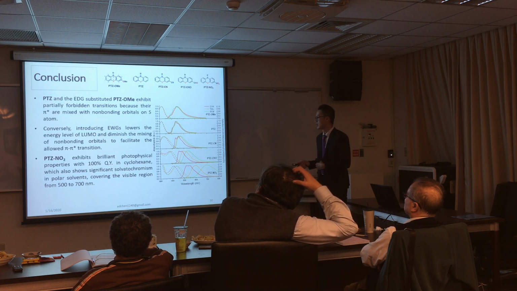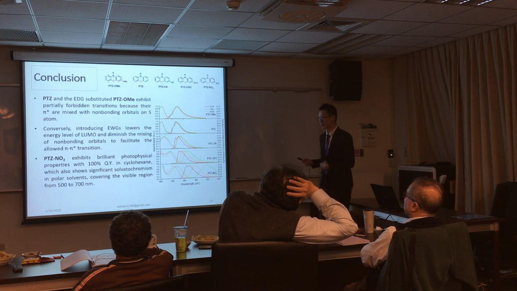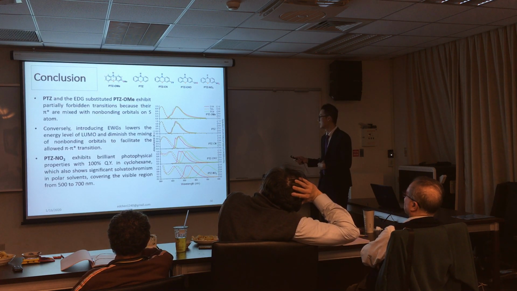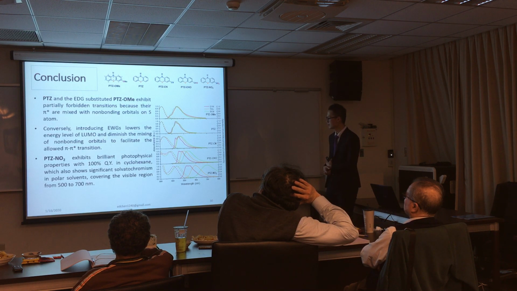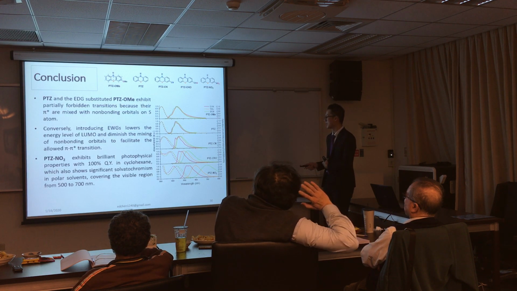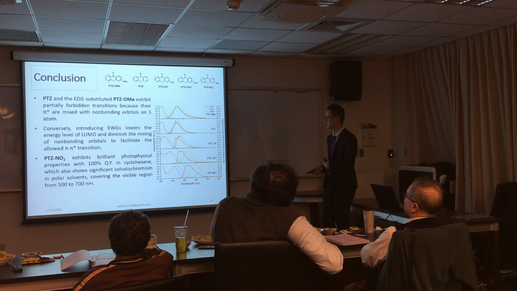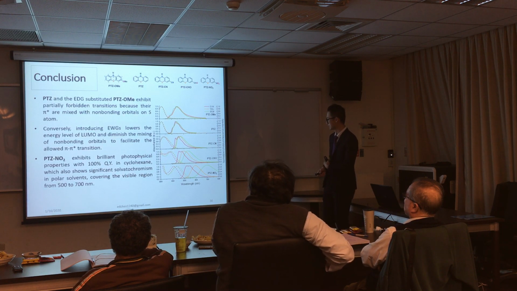On the other hand, when we introduce an electron withdrawing group, it lowers the energy level of the LUMO and thus diminishes the mixing of the non-bonding orbital. So it is an allowed pi to pi star transition. And PTZ-NO2 also has 100% quantum yield in cyclohexane and a significant solvatochromism from 500 to 700 nanometers.